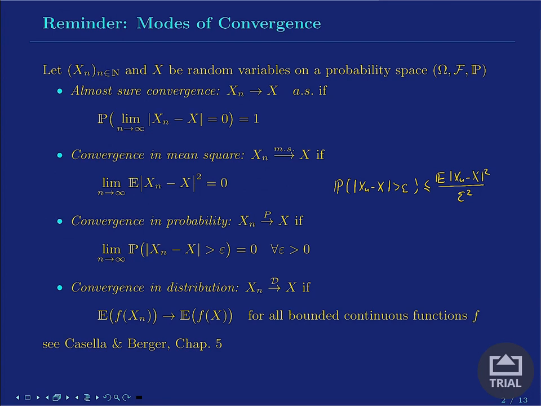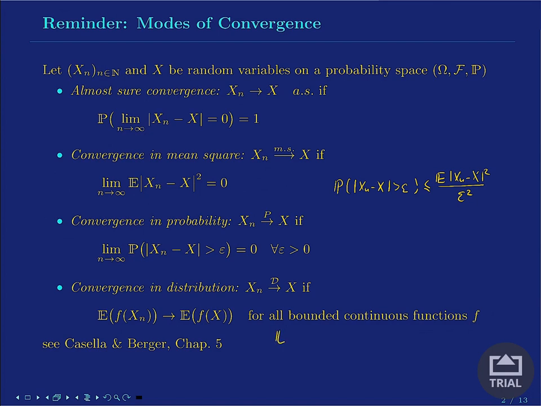So one way, for instance, is that the mean of the function f of Xn converges to the mean of the function f of the limiting random variable X, where f is a bounded continuous function.